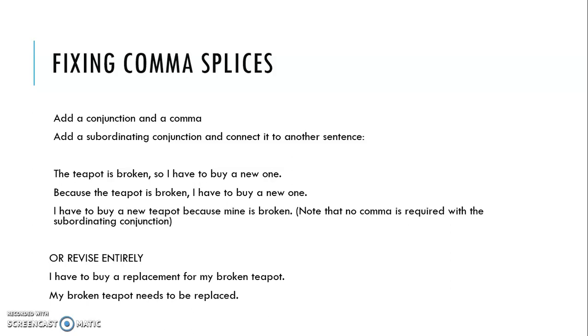That's a little bit passive, so it's not a great sentence, but it's backed you out of the corner of worrying about whether or not you have a comma splice. So it's always, always, always an option to just revise entirely. So you can add a conjunction and a comma. You can make it a dependent clause and connect it to another sentence, or you can just rewrite the whole sentence so that the issue of the comma is no longer an issue.